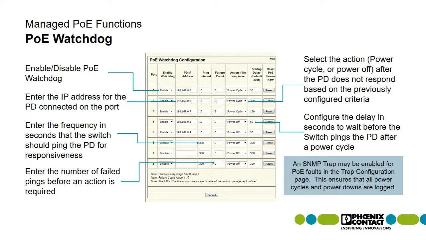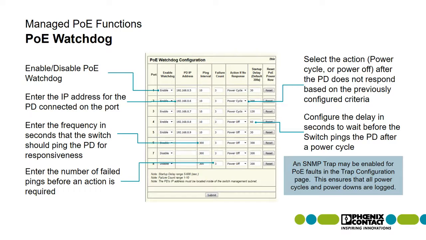Additionally, then you enter the ping interval, and all this is using is ping to monitor and communicate with the device. As you know, utilizing ping requests and getting responses is a basic way of knowing that a device is active or still available on the network.